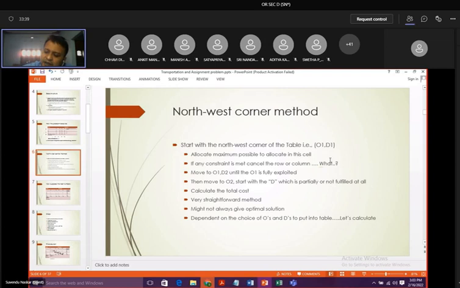So discard the entire column for D1. Okay, so if any constraint is met, cancel the row or column. Since you have already met D1's constraint, which is the demand constraint at destination 1, you discard the column. And also you reduce the origin's total supply capacity. What is going to be the origin's total supply capacity now?